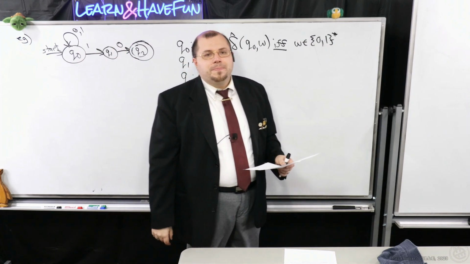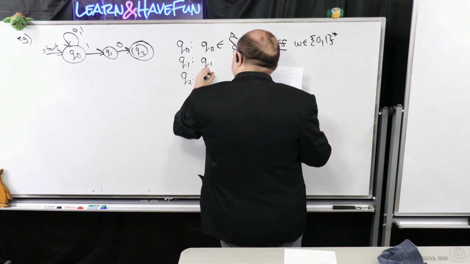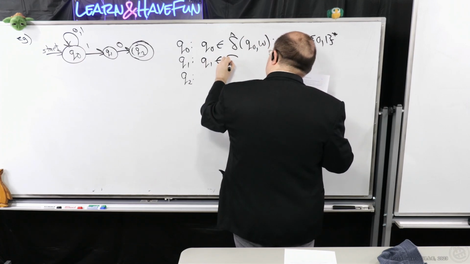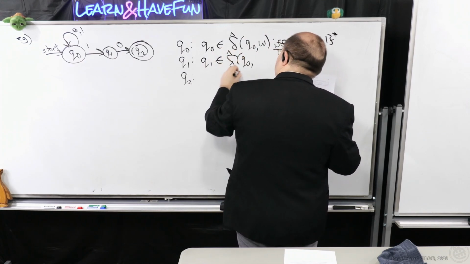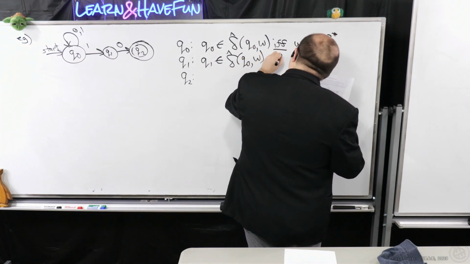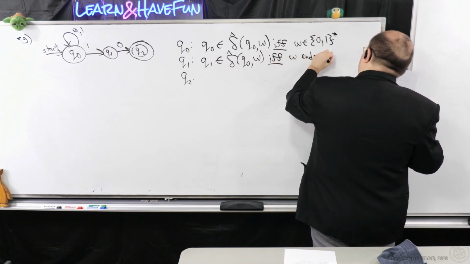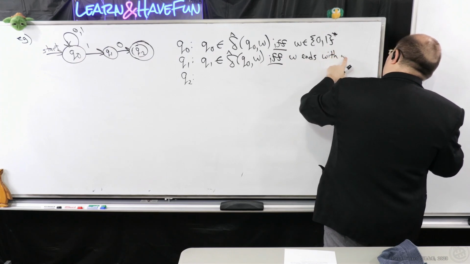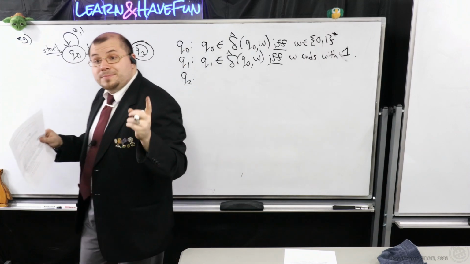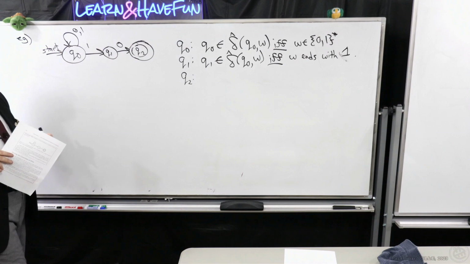What's the symbol? 1. It's just 1. So that means that the string has to end with a 1. So Q1 is in delta hat Q0 W if and only if W ends with 1. So if it ends with a 1, the claim is that it will be one of the set of states.